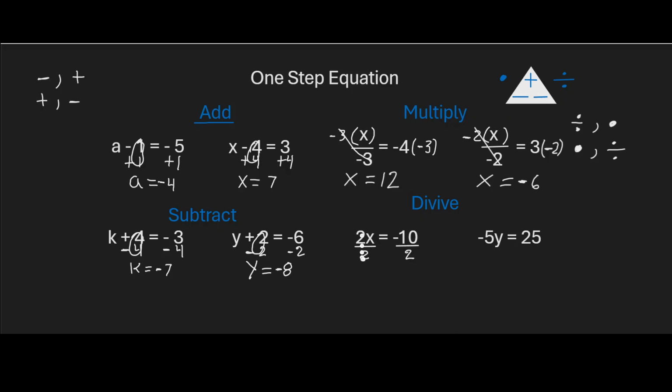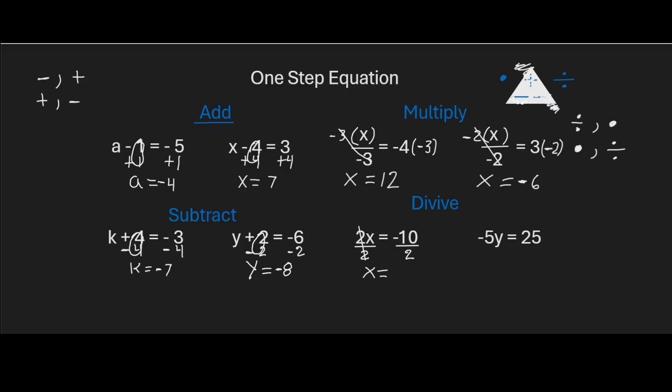Now, because this number is positive, I don't have to worry about the sign. So 2 divided by 2 is going to be 1. 1 times x. That's how you're going to get x equals. But on the other side, I'm dividing a negative by a positive. All you do is cover the two signs that you have in that division.